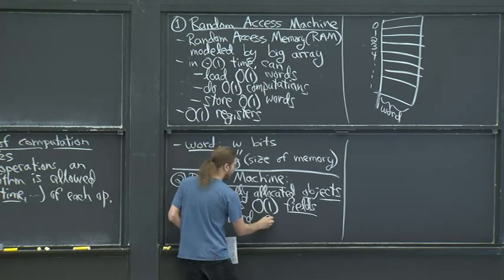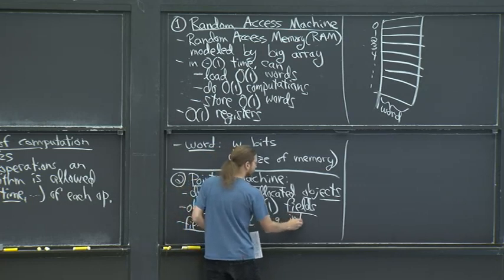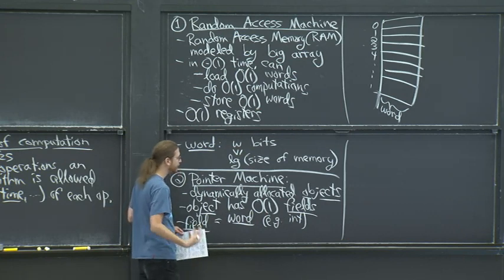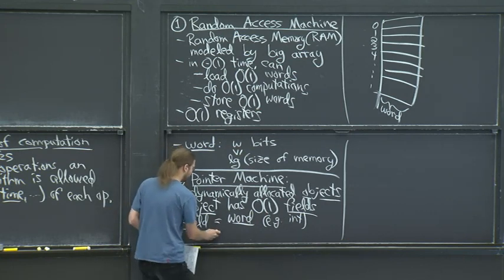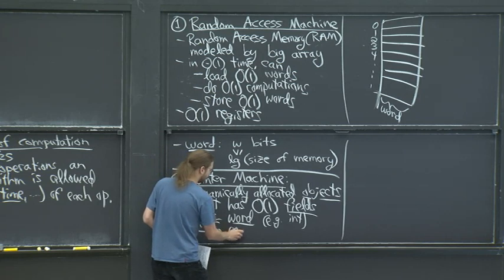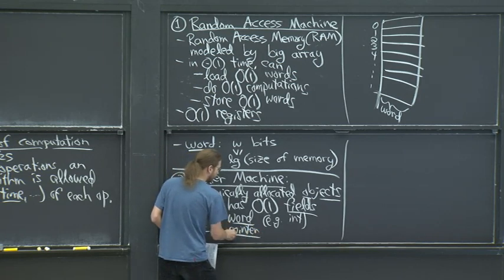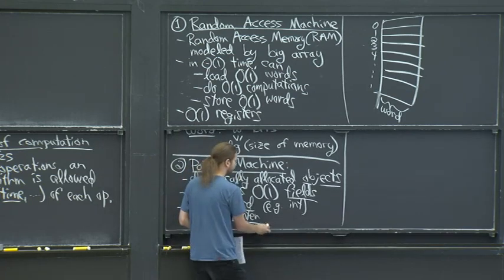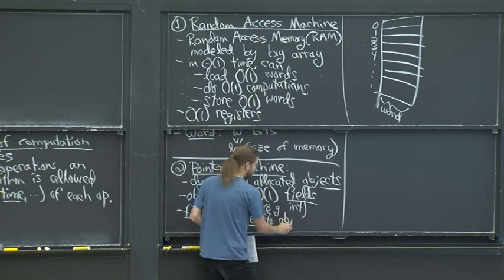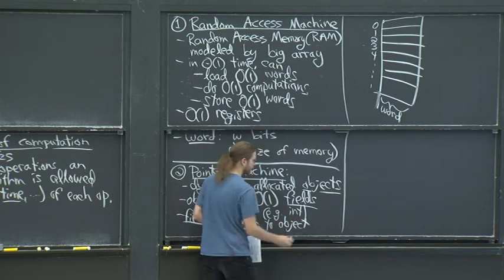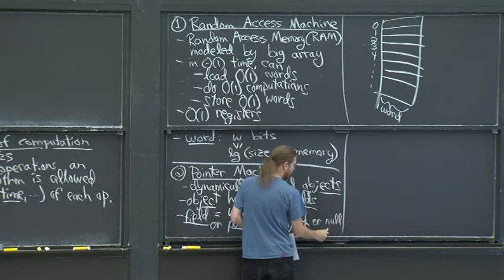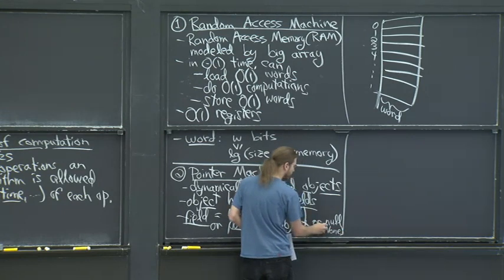So you can think of this as, for example, storing an integer, one of the input objects, or something that you computed on it, or a counter, all these sorts of things. Or a pointer. And that's where the pointer machine gets its name. A pointer is something that points to another object or has a special value null, also known as nil, also known as None in Python.